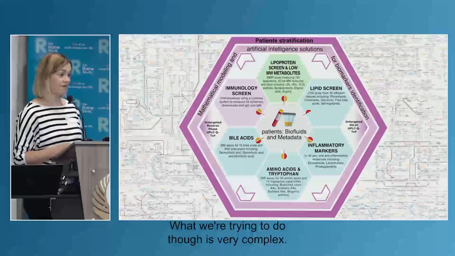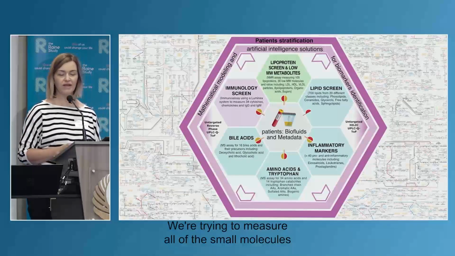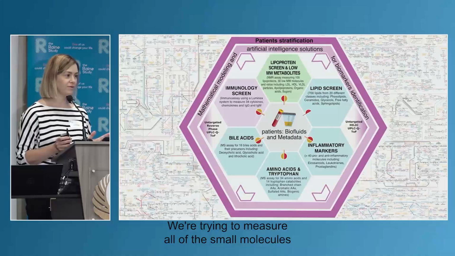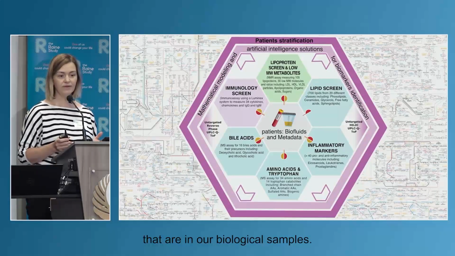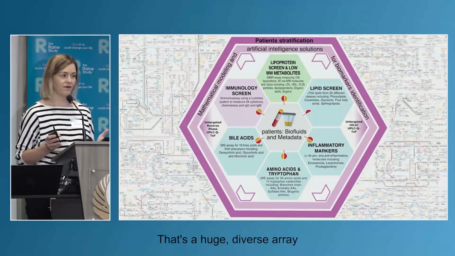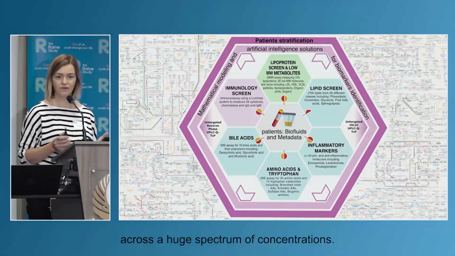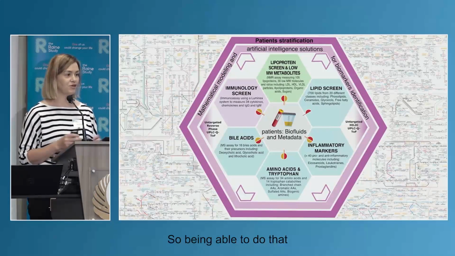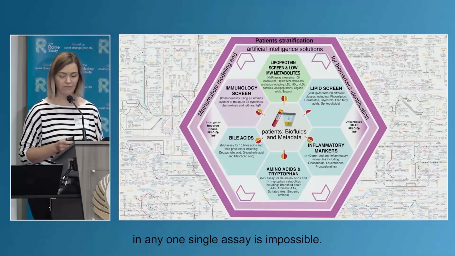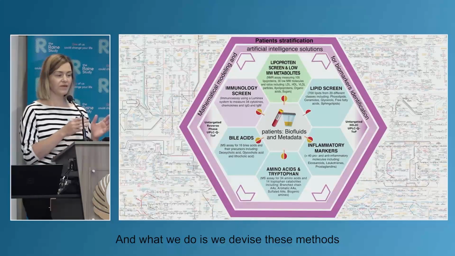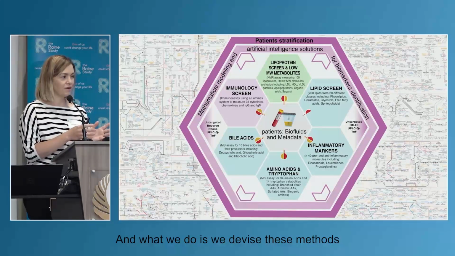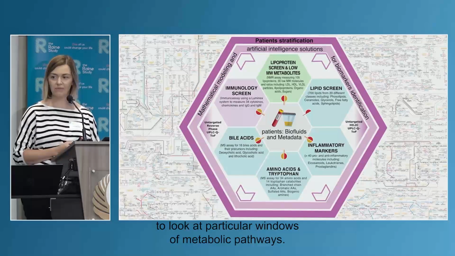What we're trying to do, though, is very complex. We're trying to measure all of the small molecules that are in our biological samples. That's a huge, diverse array of biochemical compounds across a huge spectrum of concentrations. So being able to do that in any one single assay is impossible. And what we do is we devise these methods to look at particular windows of metabolic pathways.